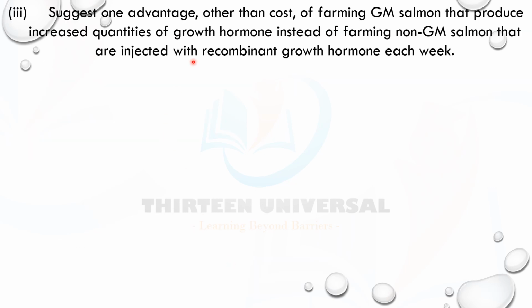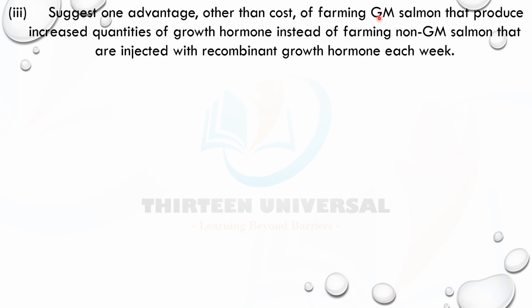So just one advantage other than cost of farming GM salmon that produce increased quantities of growth hormone instead of farming non-GM salmon that you have to inject. All right, so if you are going to farm, anyway, pause the video and try it like we do. Pause it. But the advantage of using this GM is that you don't have to inject the salmon every day, so it's less stressful.